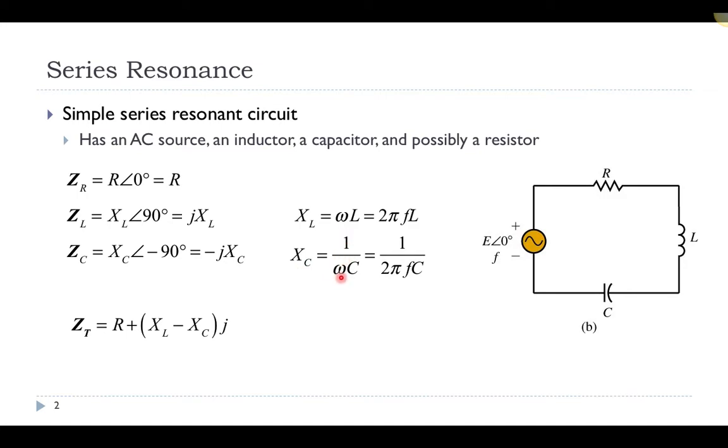It would be 1 over the angular frequency times the capacitance, which is, of course, 2 pi frequency times the capacitance. So I can write down what those reactive components are. If I substitute those reactive components in, I get that the total impedance in a series circuit that has a resistor, an inductor, and a capacitor can be written in terms of the inductive value, capacitive value, and the angular frequency in this particular way.